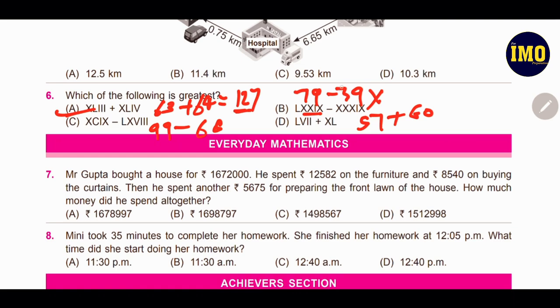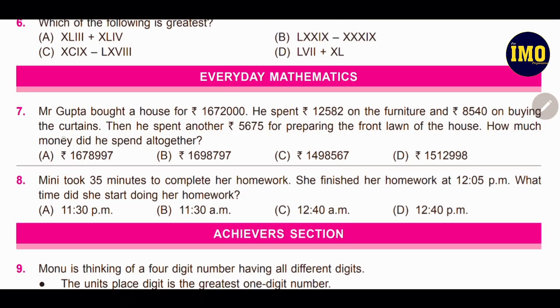Okay. Now the next question. In this question, Mr. Gupta bought a house of 16,72,000. He spent 12,582 on furniture, 8,540 on buying the curtain. Then he spent another 5,675 for preparing the front lawn of the house. How much did he spend all together?